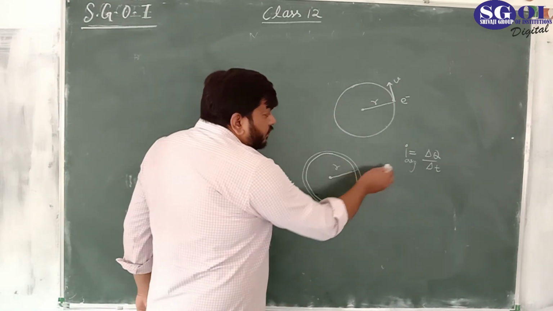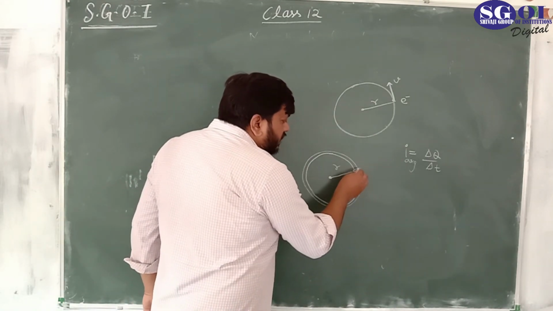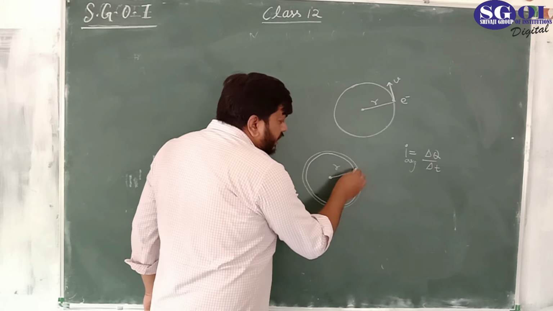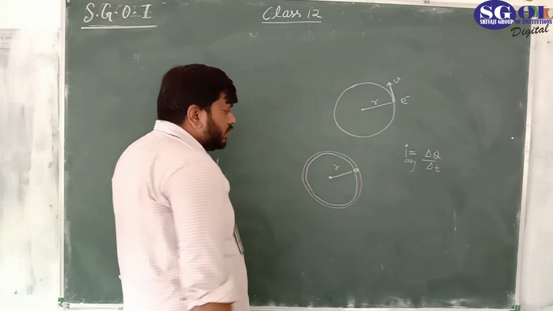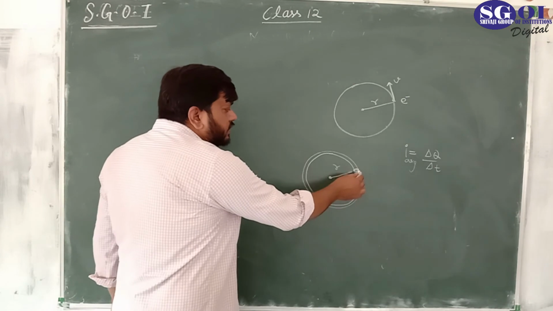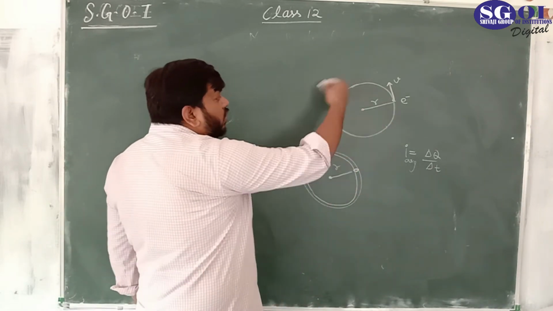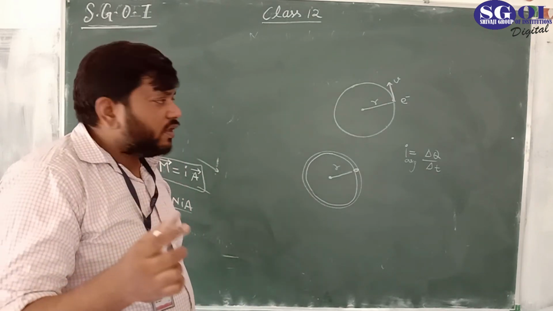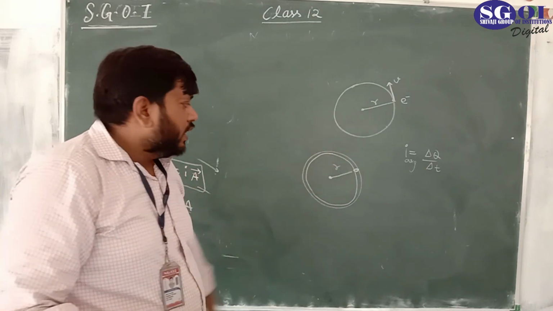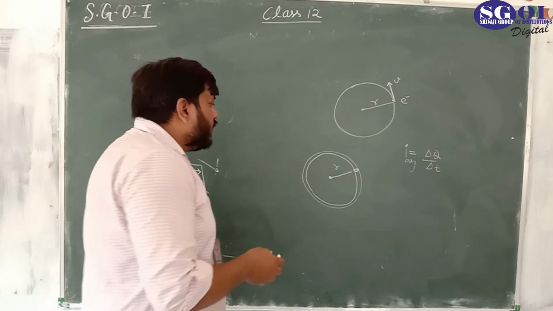Here we are taking a cross section. The wire is cylindrical in shape, and we are taking a cross section. A single electron is moving. There are not multiple electrons. A single electron is moving. I am asking you, what is the time?